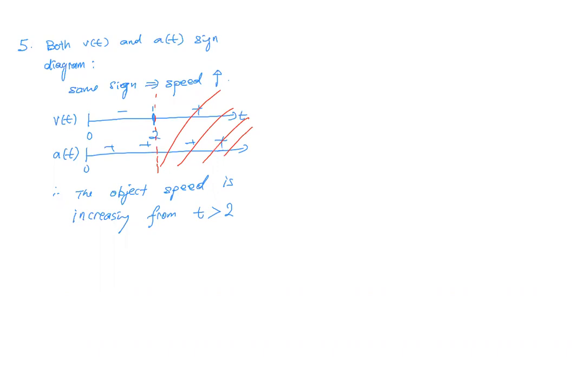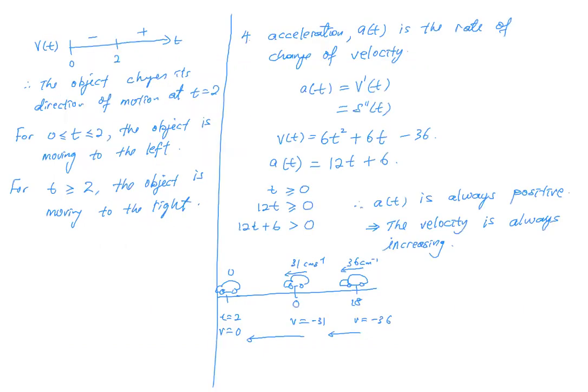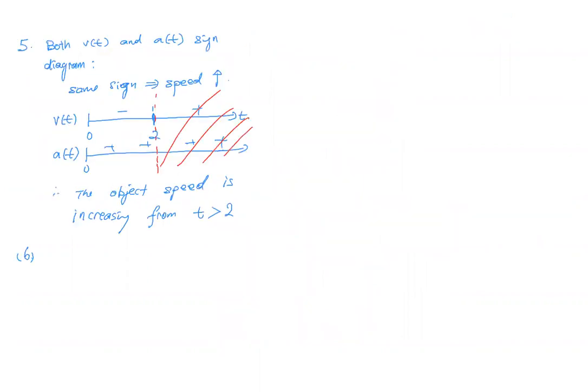Okay, so for number 6, show that the velocity is always increasing. I have shown it here. That is how you show. Are you okay? So number 6, I'm not going to write again. Okay. So number 7, find the acceleration of the object.